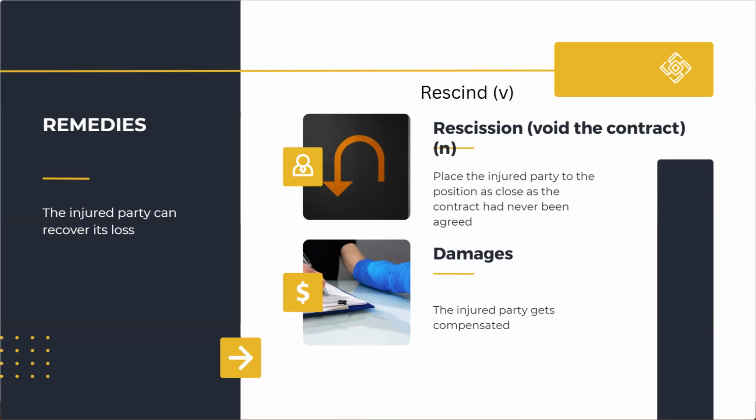And they try to restore the position of both parties. Everything exchanged in the contract is given back to each party. And with fraudulent and negligent misrepresentation, the party at fault must also pay damages.